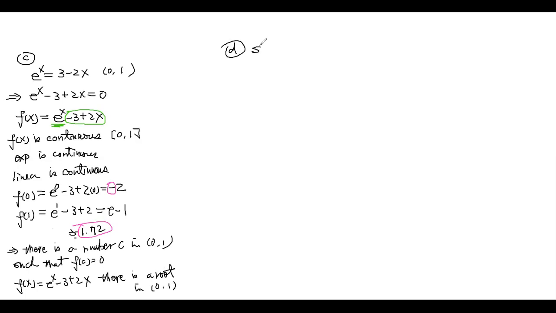Okay, so the last problem here: sin x is equal to x squared minus x, and the interval I'm interested in is (1, 2). So you can do it the same way. We say f of x is equal to sin x minus x squared plus x, right?